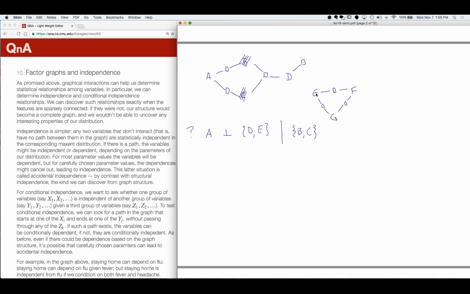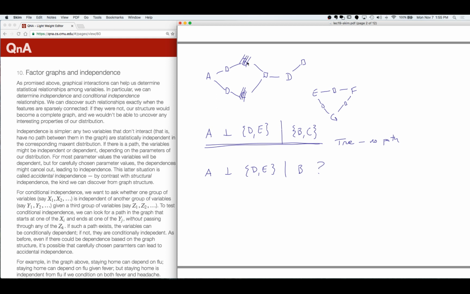In this case, there's no path. There was no path anyway from A to E. There are paths from A to D, but all of them go through shaded nodes. And so, in fact, this is true, because there is no path. Now, if we had asked, is A independent of D and E given, let's say, just B?